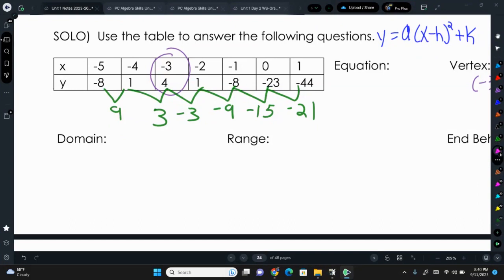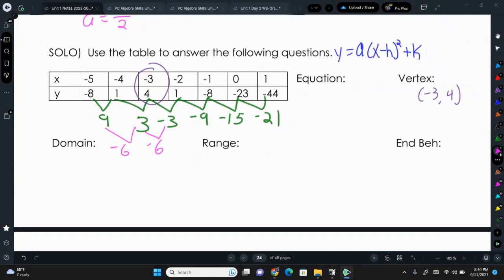So then we have to do our second difference. 3 minus 9 is negative 6. Negative 3 minus 3 is negative 6. Negative 9 minus negative 3 is also negative 6. And for all of these, our difference is going to be negative 6.